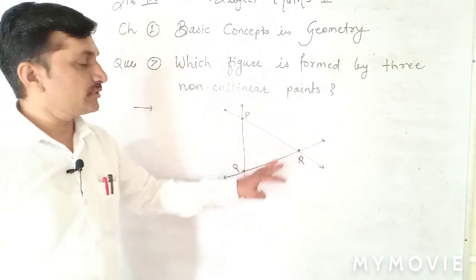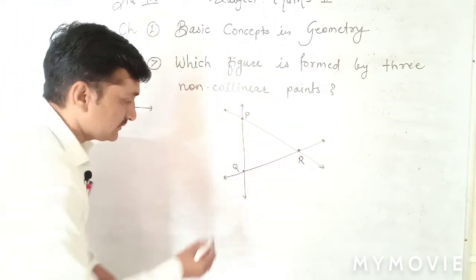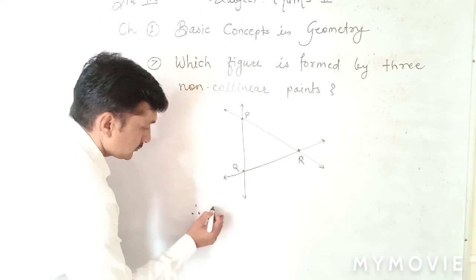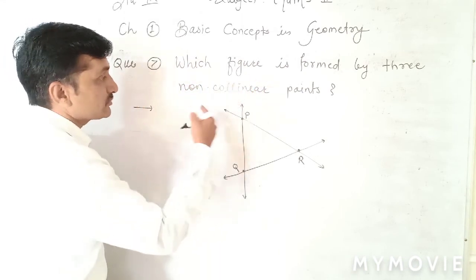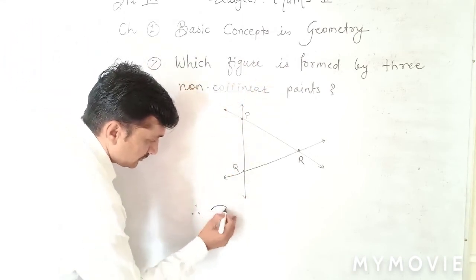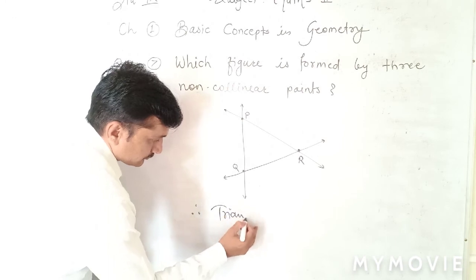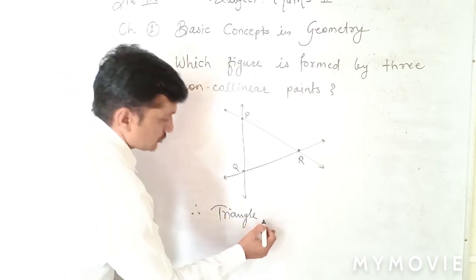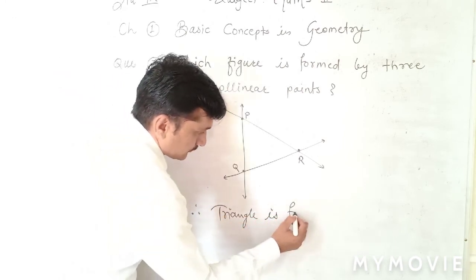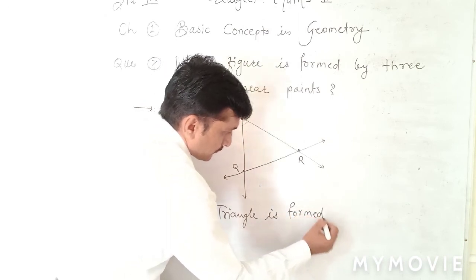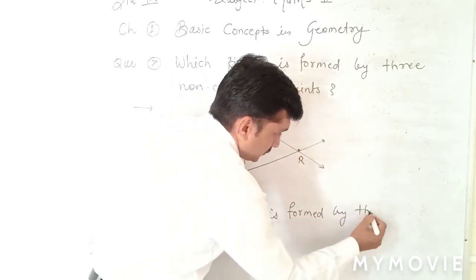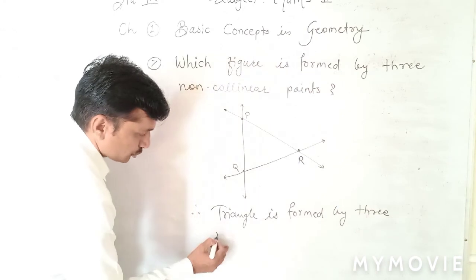Now which figure is formed here? A triangle is formed. Therefore the answer: which figure is formed by 3 non-collinear points? A triangle will be formed. A triangle is formed by 3 non-collinear points.